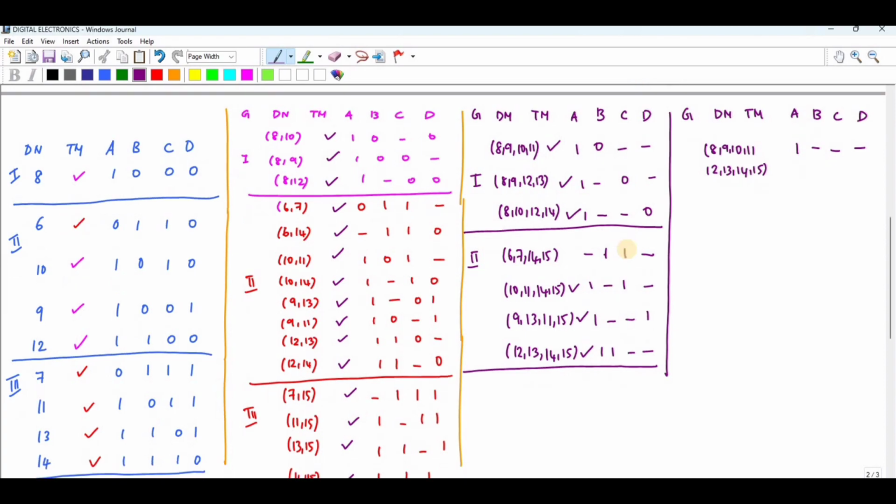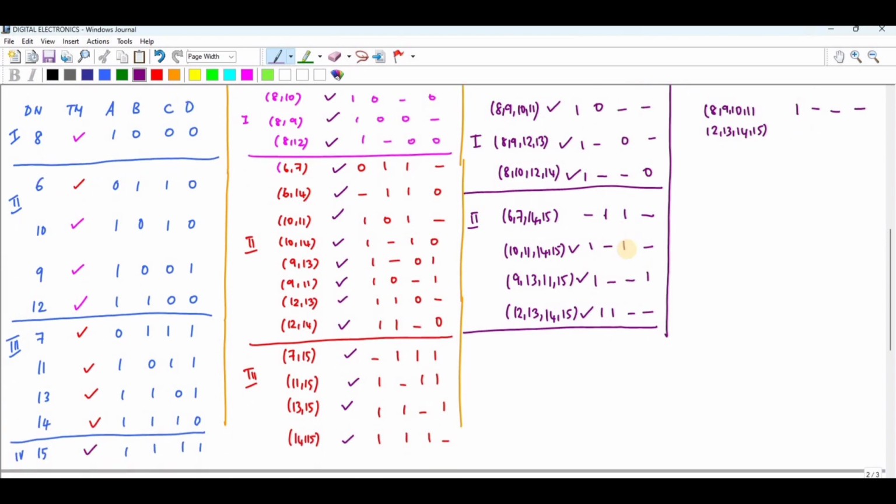Now you can see all the rows and all the columns have a tick mark. In the second group this one does not get any tick mark, and this one also does not get any tick mark. So you write this value.